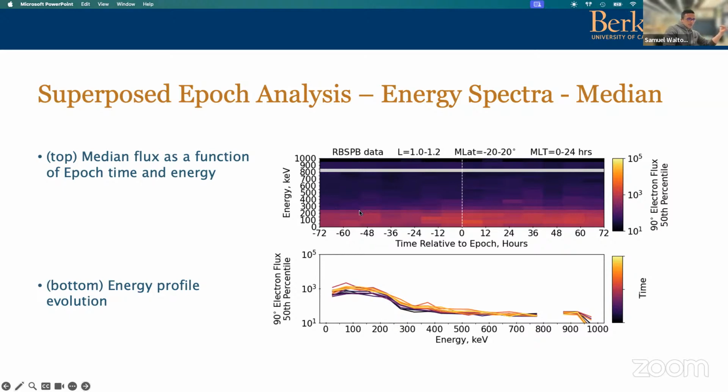But above 250-ish keV, we get a drop off and there's no fluxes really at all. And you can see that in the profile here. Around about 250, it's not quite a cliff edge, but a steep drop off of electrons from 200 to 300 keV.